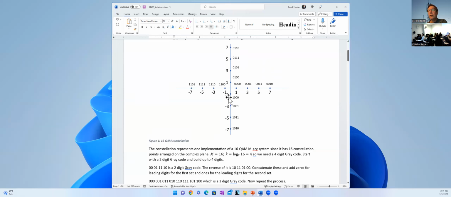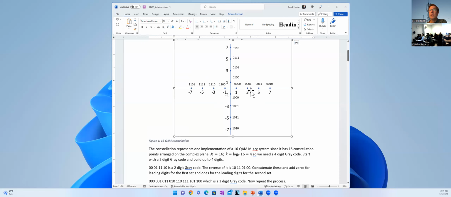And finally, this one has to be consistent with that constellation point and this one, right? If you notice, in this case the leading 2 digits on each of these are our 2-digit gray code.